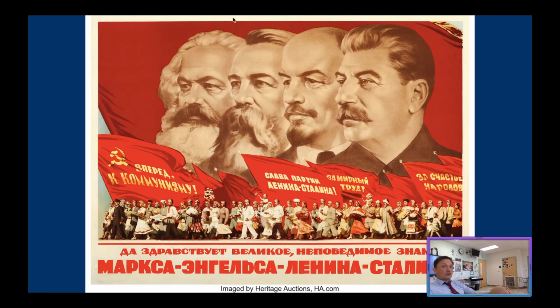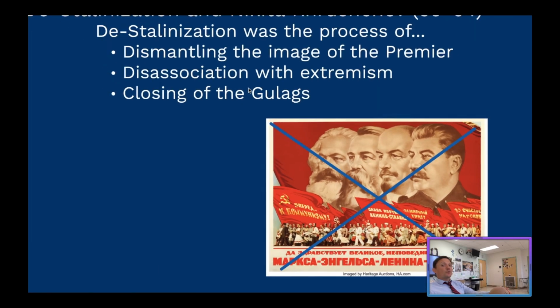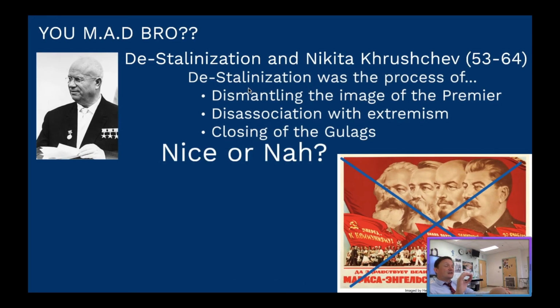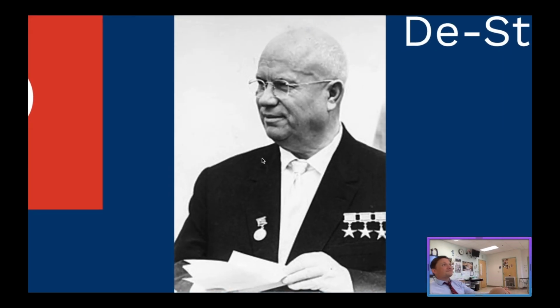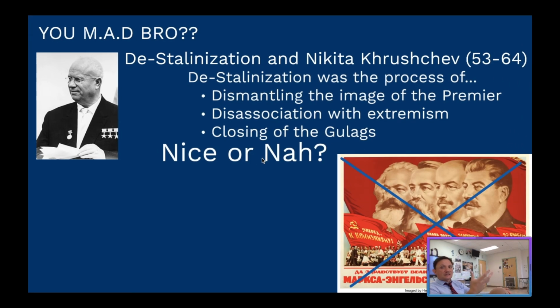And notice really quickly that they are being glorified and cultified with these two guys right here, Karl Marx and Friedrich Engels. He wants to get rid of this. He wants to move away from that, and he wants to move to a different understanding of the premier, that he is an official of a country with some type of economic policy. So he begins to bring a softer image of the entire premier person, right?